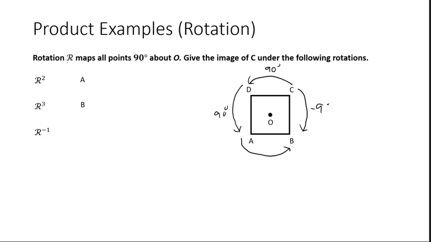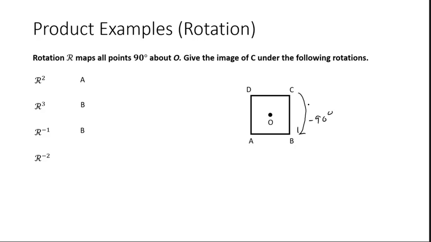So this would be a negative 90 degrees, which would take you to point B. So the inverse of r takes you to point B. That takes you to here for a negative 90-degree rotation. And then if you had r to the negative second power, that would be another negative 90-degree rotation, which takes you over here to point A.